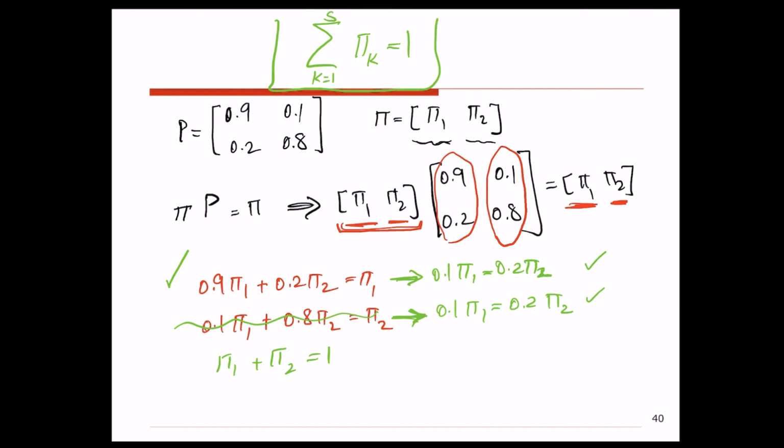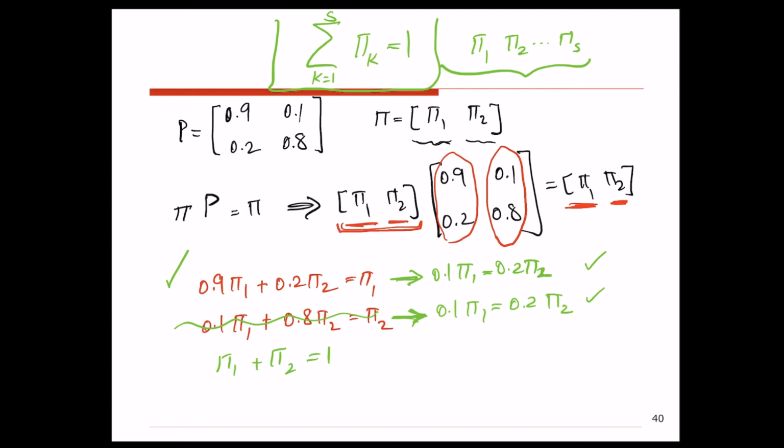So what does that mean? That means that in the long run, in the equilibrium, the system is finally in one of these states, either state 1 or state 2. If the system has s possible states, the system in the long run is in one of these possible states. So the sum of these probabilities is obviously going to be 1.